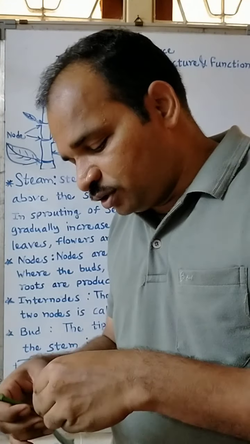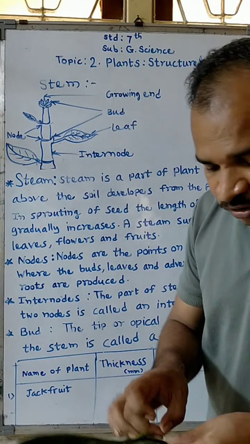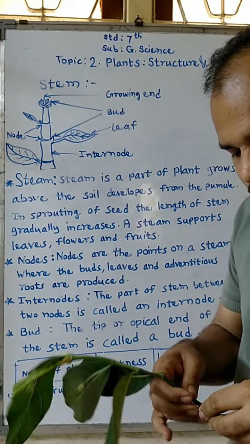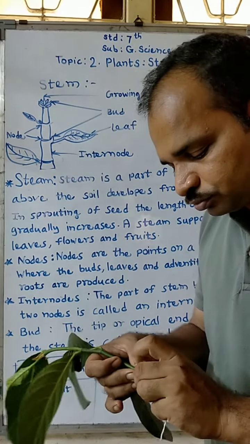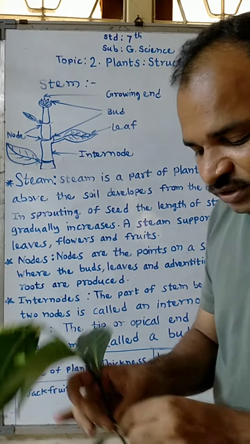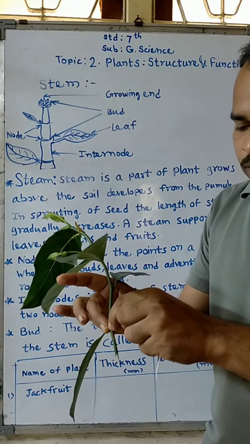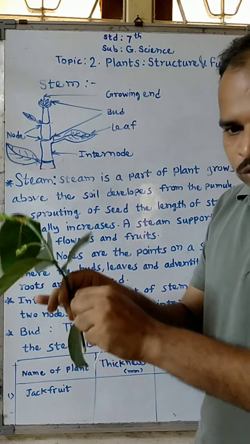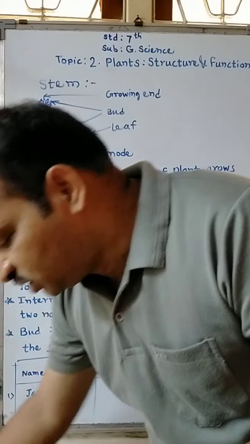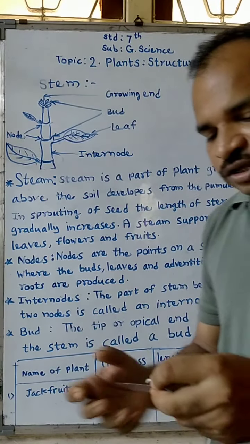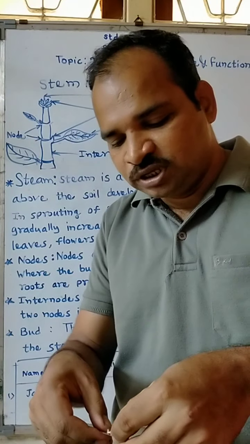By using the thread, we calculate the circumference of the node. We will wrap this thread around the node, and then we will measure the thickness of the node by using the length of the thread.